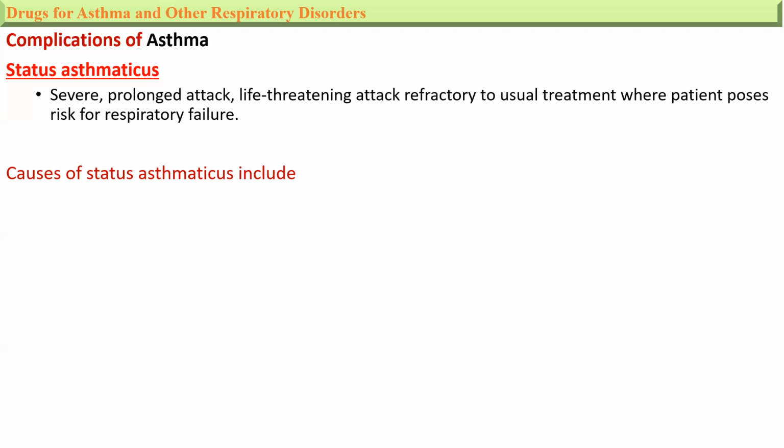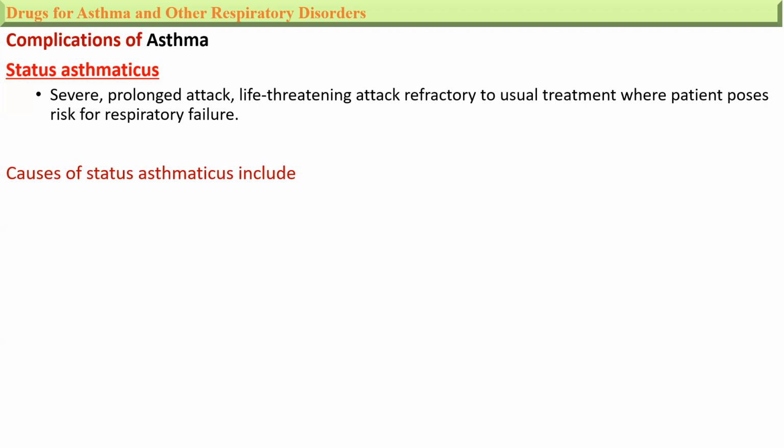Causes of status asthmaticus can be due to the patient having a viral infection. Viral illness is one of the factors, or the patient ingesting a large amount of aspirin or NSAIDs. It can be environmental pollens or exposure to allergens.